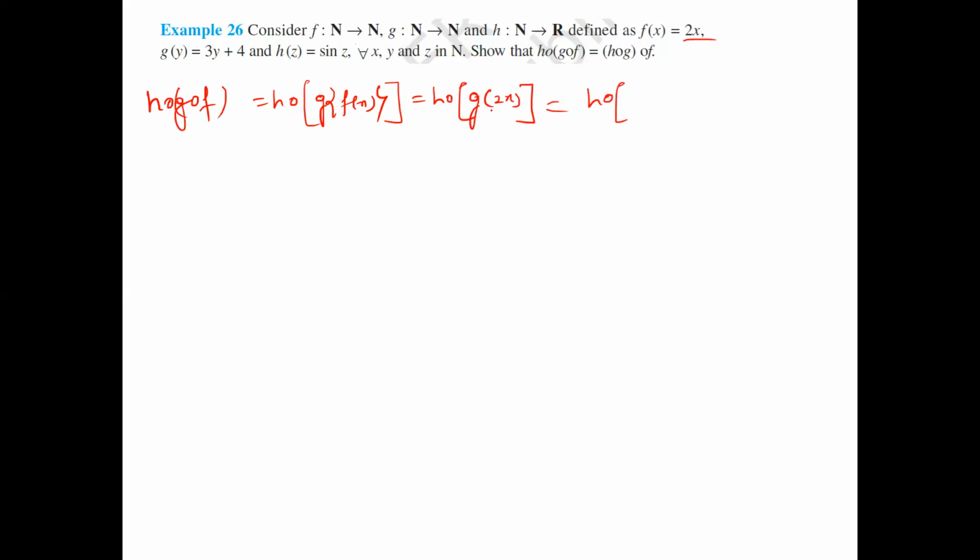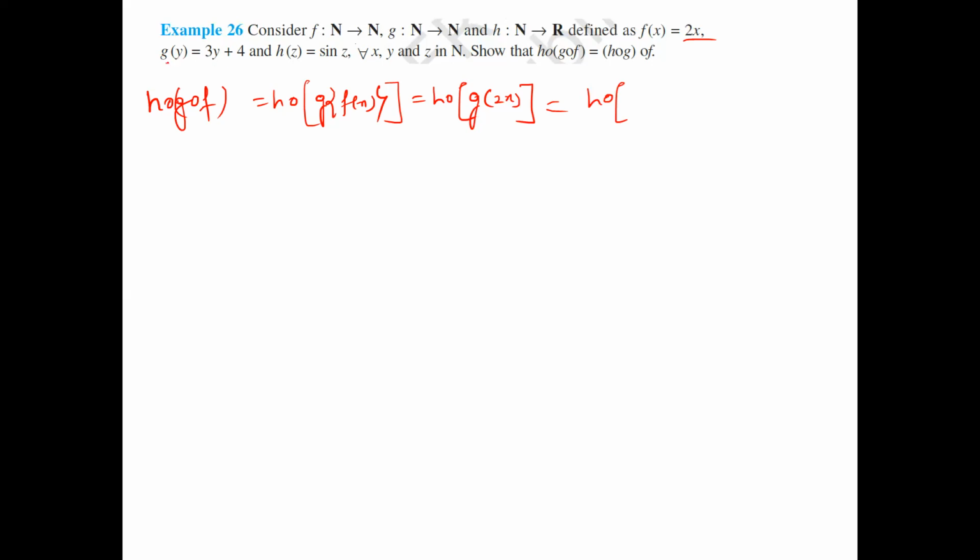Now, first I'll prove this one. The first one is h composition g of f. Always keep it as it is. Now what is the g? This one I will write as g of f of x. Now h of g, I'll keep it as it is. What is the f of x value? f of x is given as 2x. Now h of g composition 2x. In place of y, it is 2x.